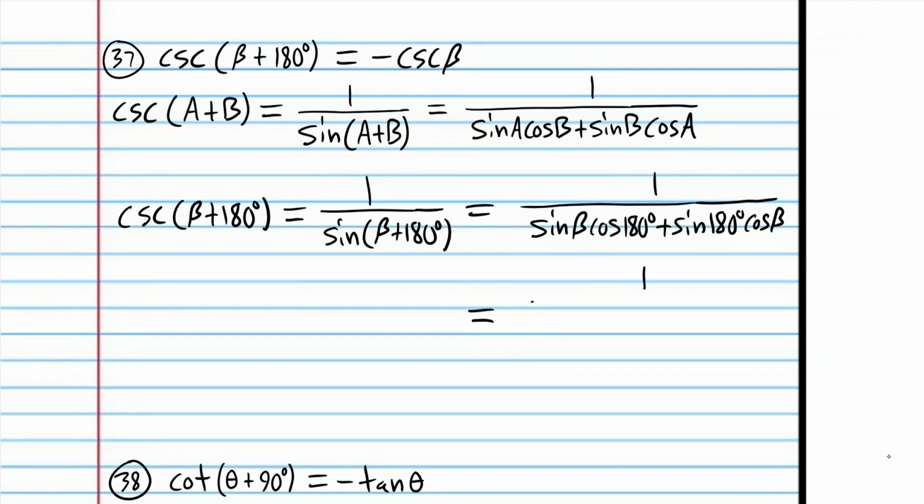So cosine 180 degrees, that is equal to -1.